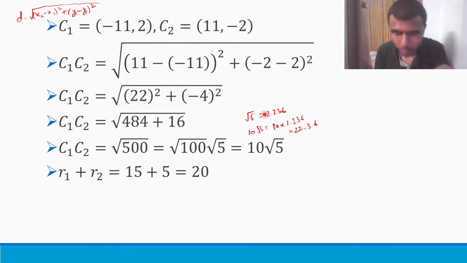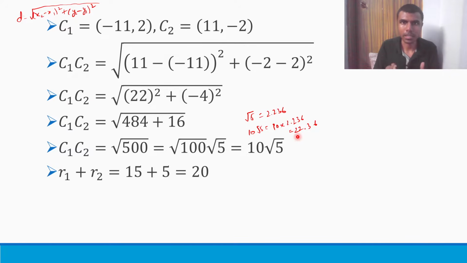Somewhat like 22.36. Root 5 is 2.2, so 10 into this is 22.36. So C1 C2 is 22.36 and R1 plus R2 is 20. Which is greater, 22.36 or 20? Actually 22.36 is greater. So C1 C2 is greater than R1 plus R2.